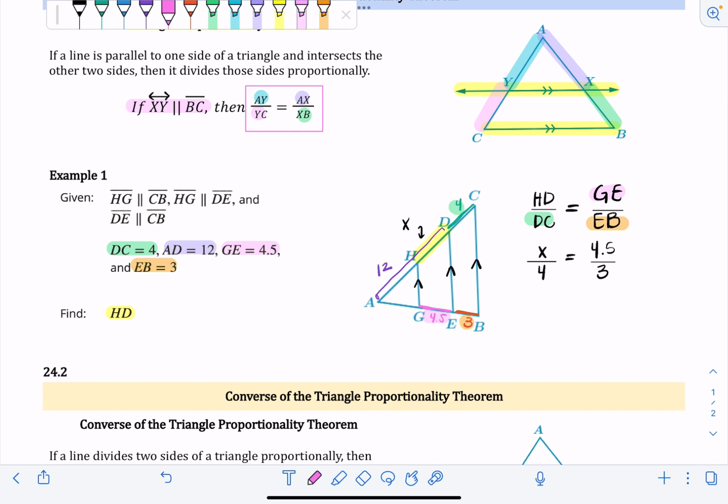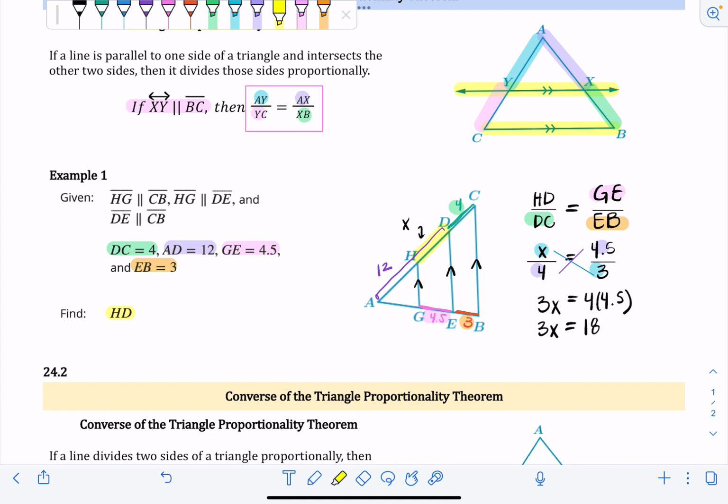That means that we go diagonally through the equal sign. So one diagonal would be 3 times x, so that's 3x. And then the other diagonal is 4 times 4.5, which is 18, but I'm going to write 4 times 4.5 so we can see what the setup is. And then we can simplify, so I'm going to leave the 3x alone. I'm going to multiply the 4 times 4.5, which is 18.